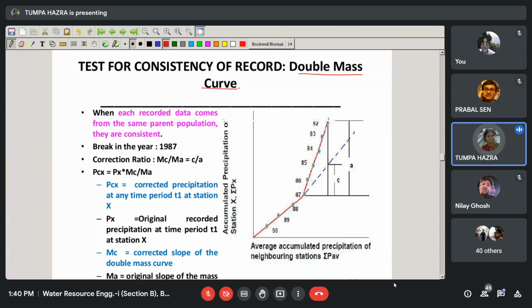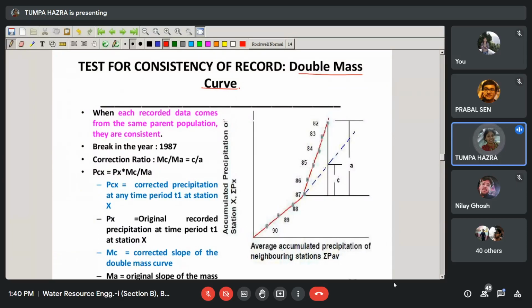Let us consider for a particular year you have to write data 675, but by mistake you have entry 475 or 575, so the next data will also be in the range of 575 or 475.